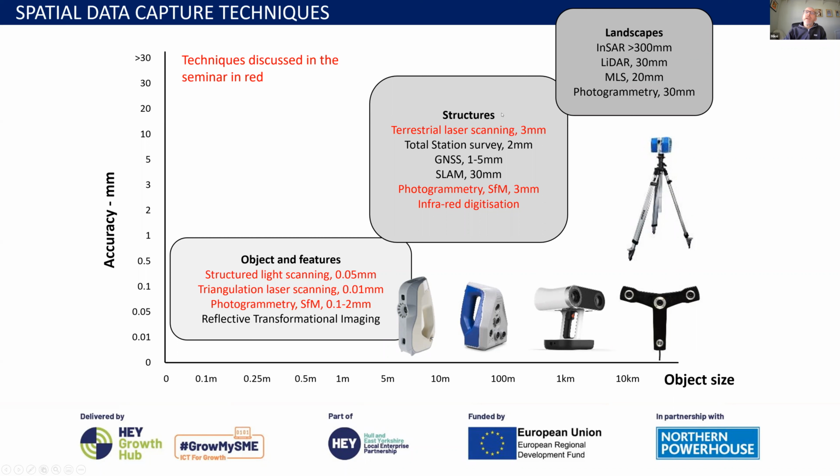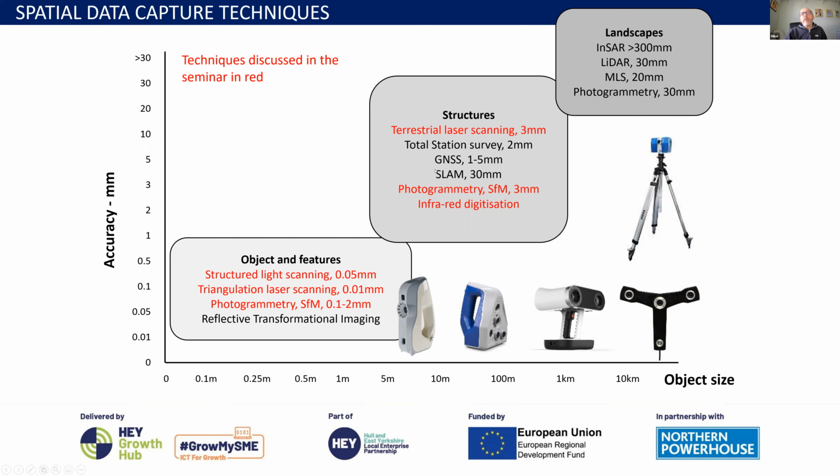And I've broken them down into three categories: technologies that help to scan objects and features, technologies that help to scan structures, and technologies that help to scan landscapes. We don't do any aerial scanning or vehicle-based scanning, so I won't touch on that as much, but we certainly scan structures, and our preferred technology for that is using terrestrial laser scanning, photogrammetry, and a relatively new one called infrared digitization.